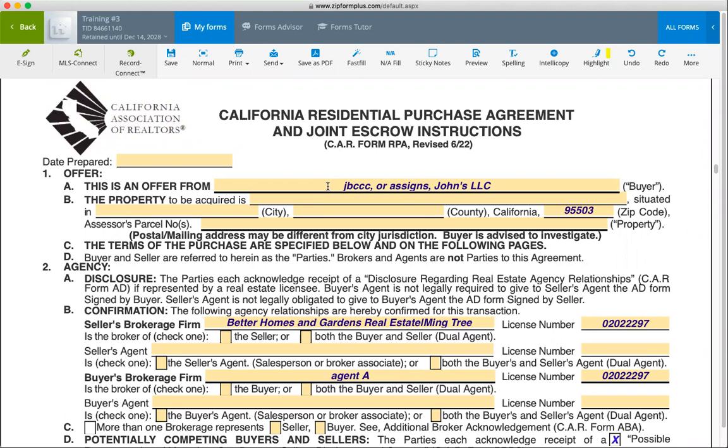And then you put in the property, identify it by address, by the city, the county and the zip code, and the assessor's parcel number or numbers. You might have two parcels in one address. You would put in both assessor's parcel numbers. And you find the assessor's parcel numbers in the MLS under the real, what is that, data?